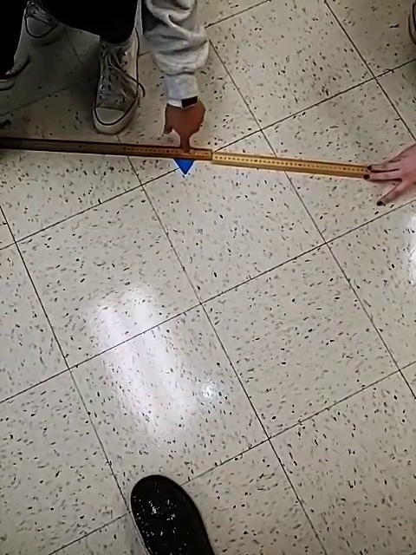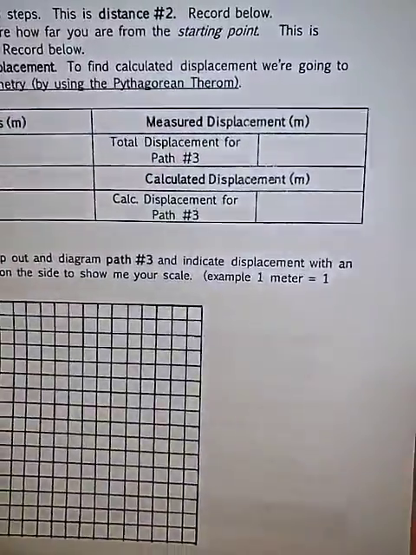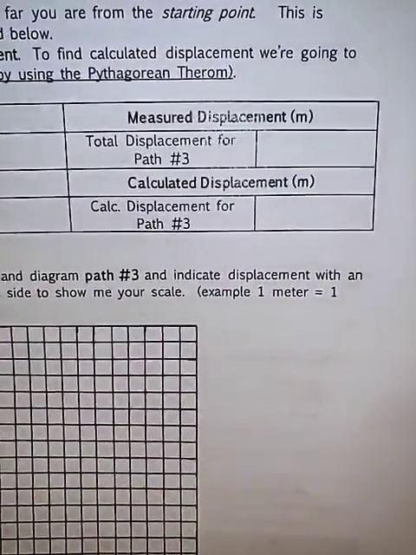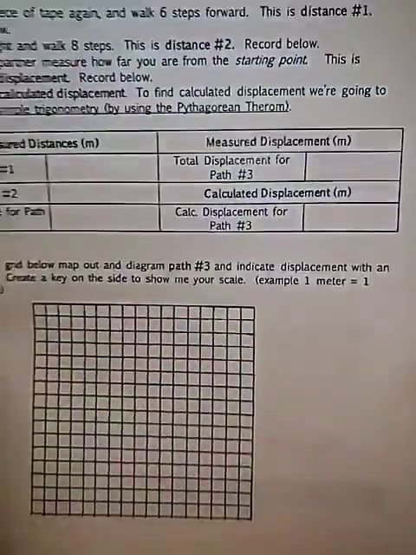So the total displacement that we measured was 5 meter sticks and 4 centimeters. This would be 5.04 meters.